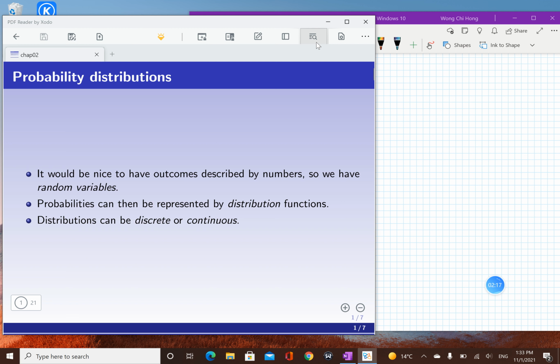If you're having a gambling game, like if you throw a head, then you win $10, and if you throw a tail, then you lose $5, etc. Then the outcome would be plus 10 and minus 5, and you can have all the calculations involving all the functions.